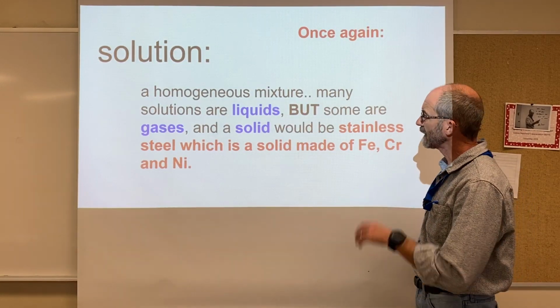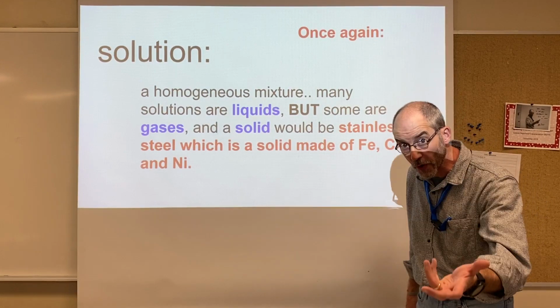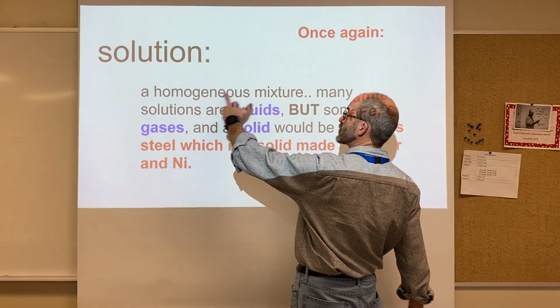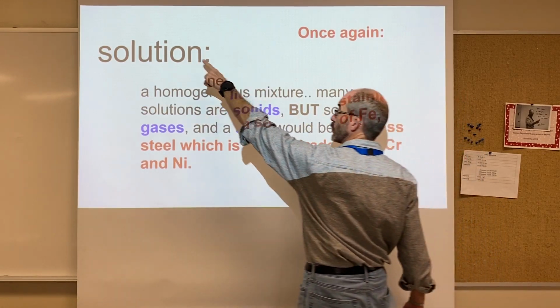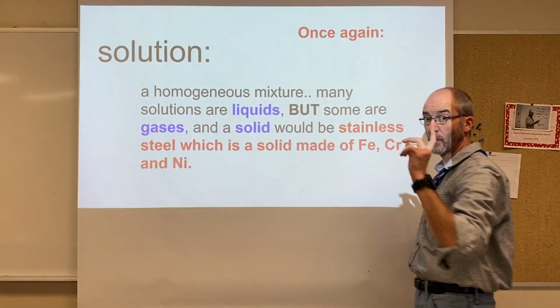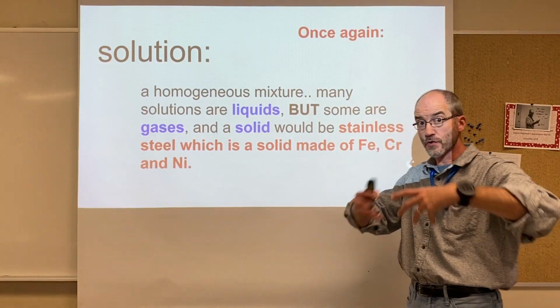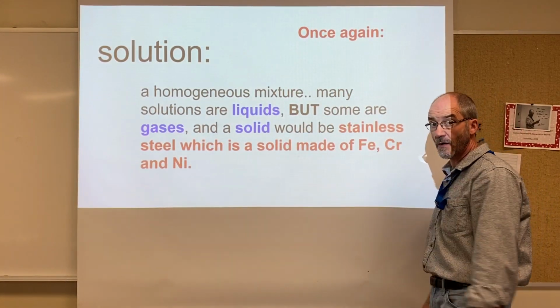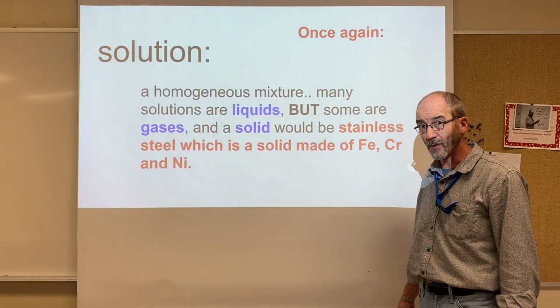Now, most of the time when we're using the term solution, we're talking about homogeneous mixtures. Many of our solutions are liquids, but once again, some could be gases, so there could be mixtures of gases, and in fact there are. The atmosphere is certainly not all oxygen.